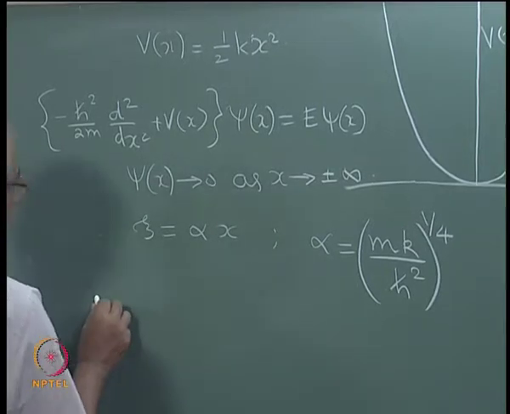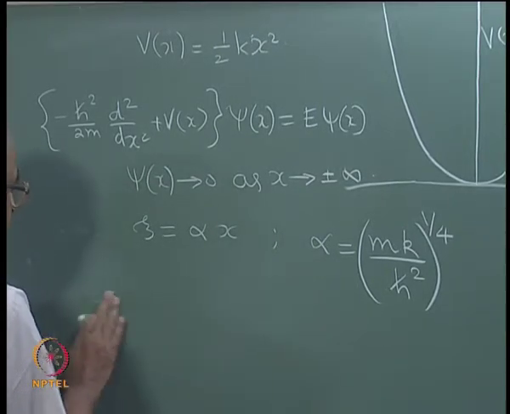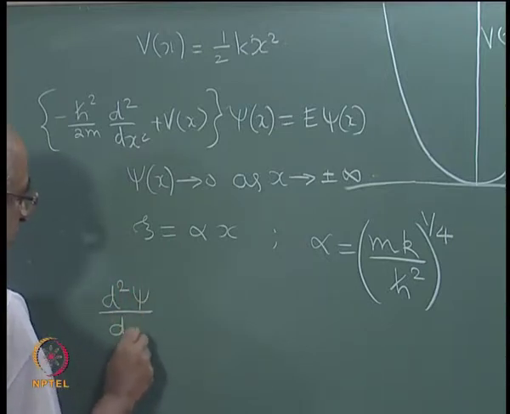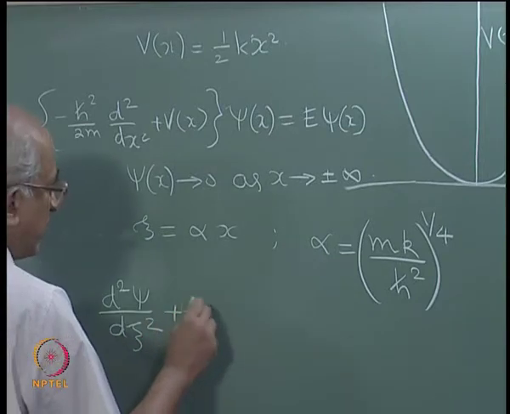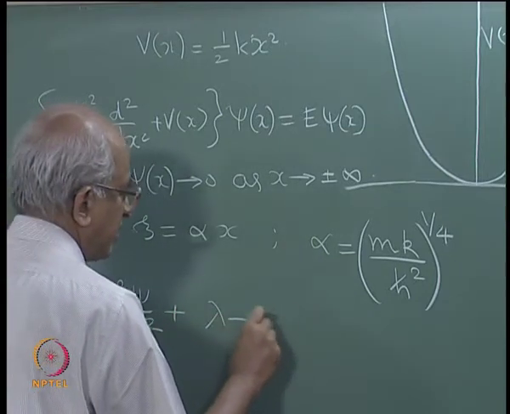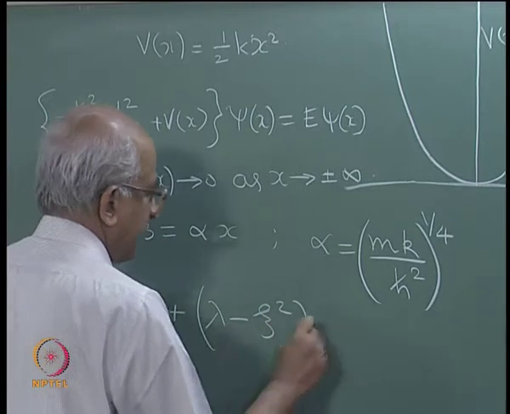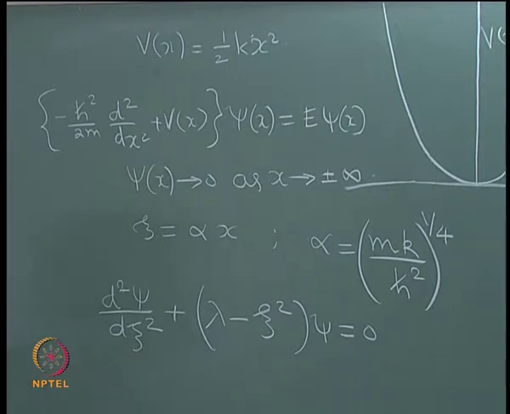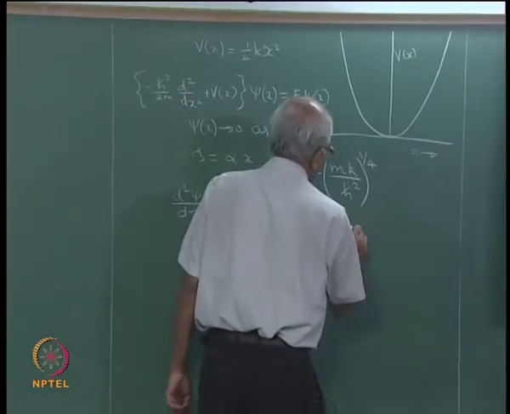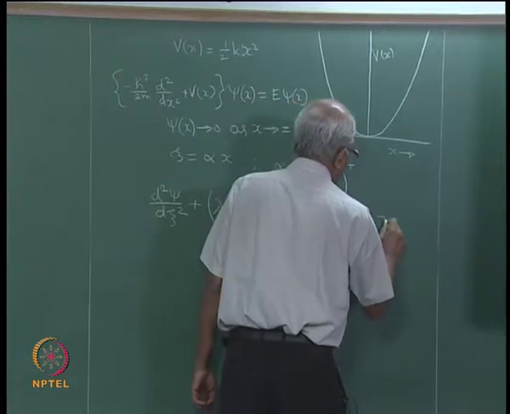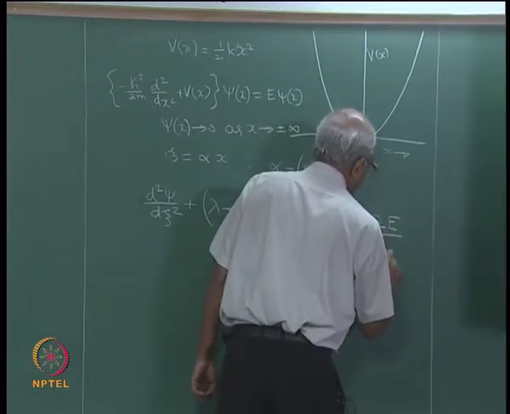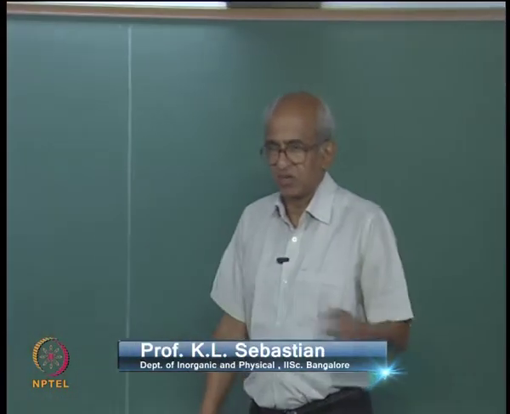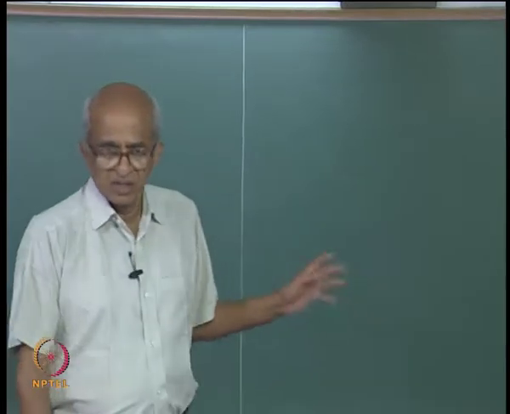This differential equation becomes another one which may be written as d square psi by dx square plus lambda minus c square into psi is equal to 0, where lambda was defined to be 2e divided by h nu, where nu is the classical frequency of vibration of the harmonic oscillator, right.